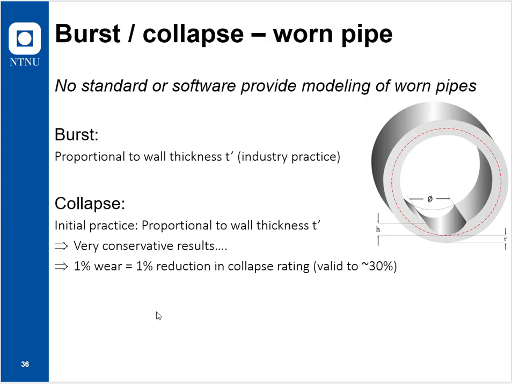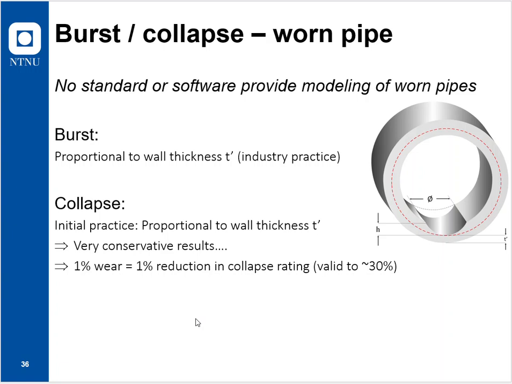So with that being said, is the result accurate? Remember what I said about API collapse rating. If the yield is changed because of actual stress, the calculation of reducing the yield, and this wall thickness is the same, the D/t ratio will change.